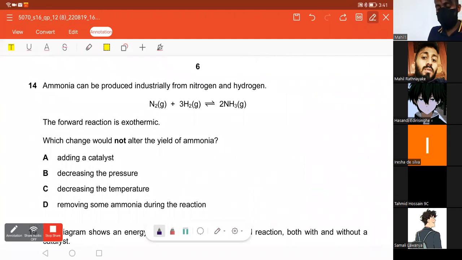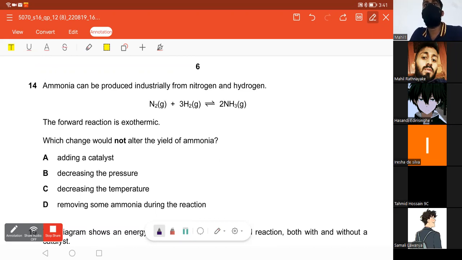Ammonia can be produced. Which change does not alter the yield of ammonia? What is the answer? Catalyst. Why? Catalyst only changes the rate of backward and forward reactions. Really, right? Catalyst only increases the rate of backward and forward reaction.